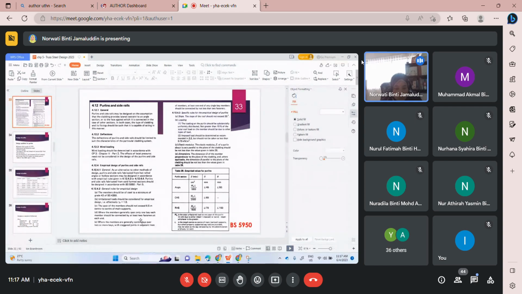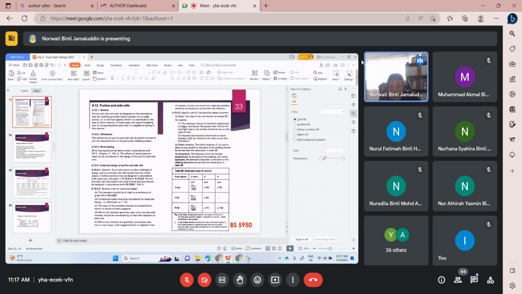Make sure that you provide at least two fasteners, two bolts, at each end, where members are generally continuous over two or more bays with staggered joints in adjacent lines of members, at least one end of any. This one you will decide later. This will be your detailing after you finish designing it.